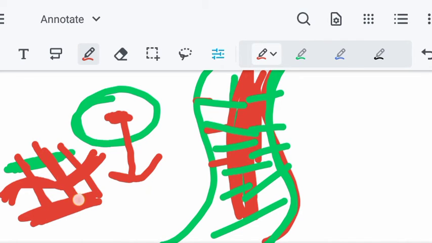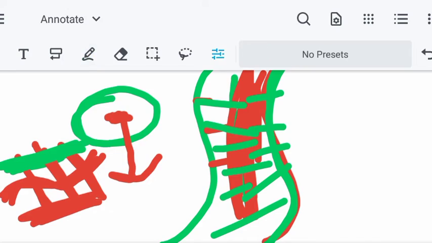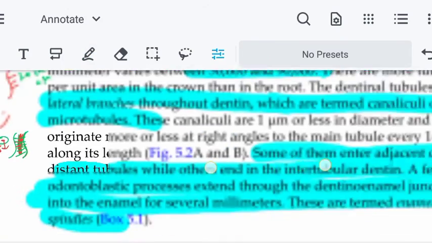These are odontoblastic processes which are present inside the dentinal tubules. They extend into the enamel, for a few millimeters, and these are called enamel spindles. Okay, clear up to here?